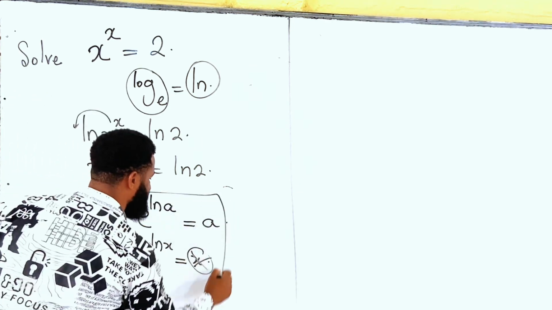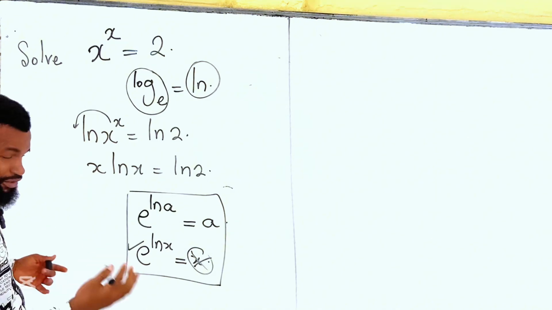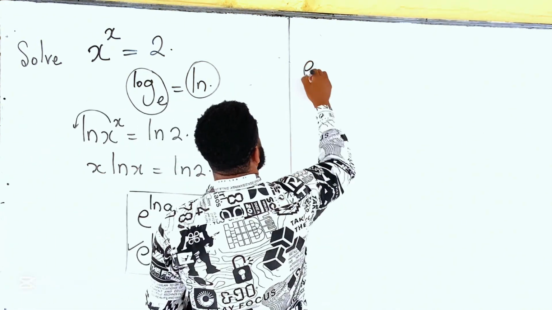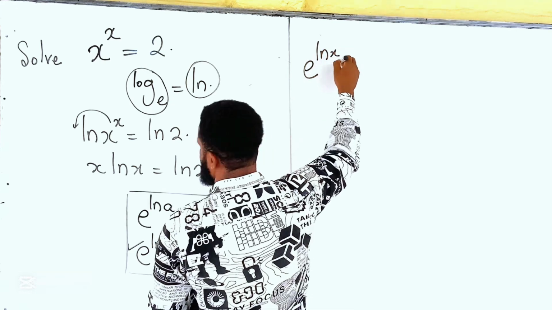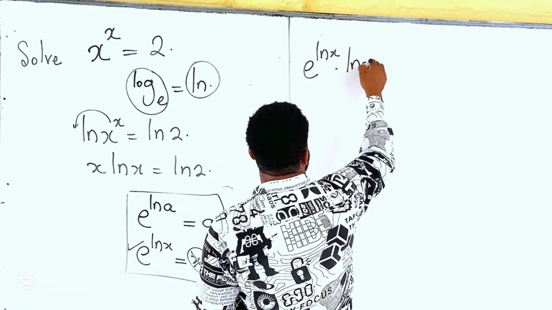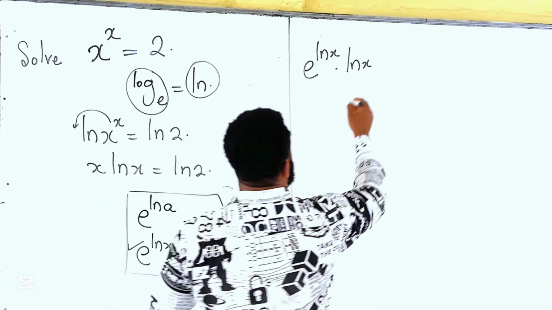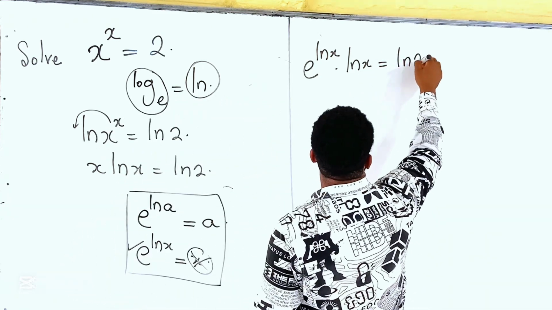Keep this one somewhere, just to refresh your memory, okay? I'm going to have e to the power ln x multiplied by ln x, and this is going to be equal to ln 2.